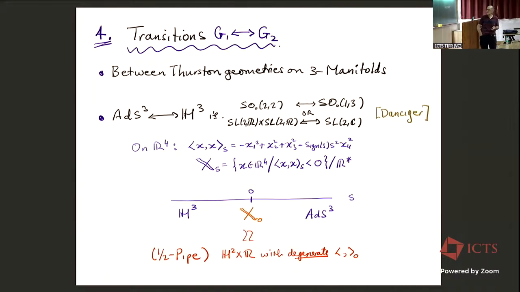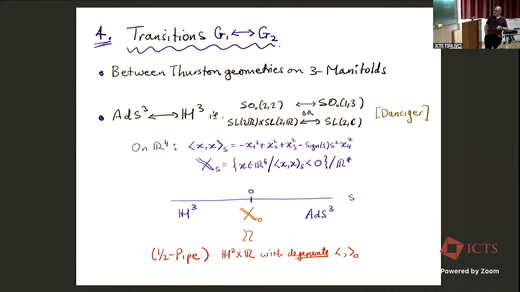There, by Thurston's geometrization conjecture, or theorem, you can break up your three-manifold into pieces, each of which has a geometric structure in our sense. There's a list of eight geometries that are possible. But in that setting, the question comes up: what are the transitions between these sorts of geometries? You can imagine that you might be interested in how you might move from one kind of geometric structure to another.